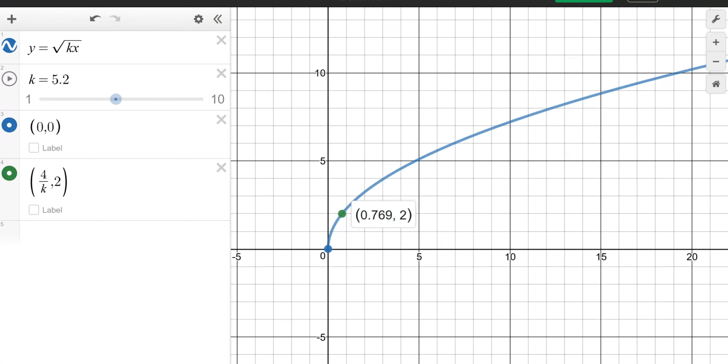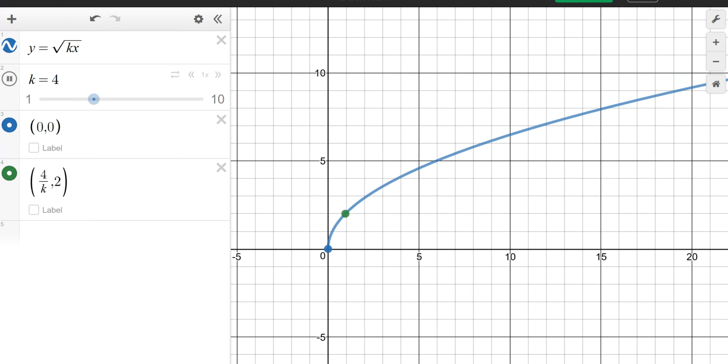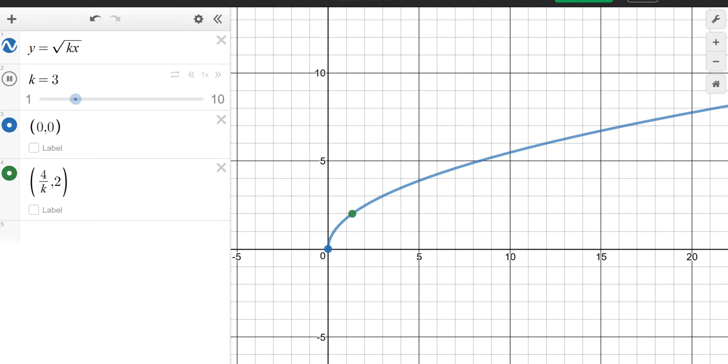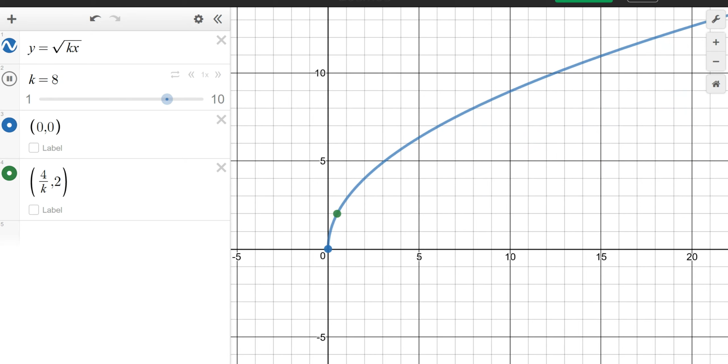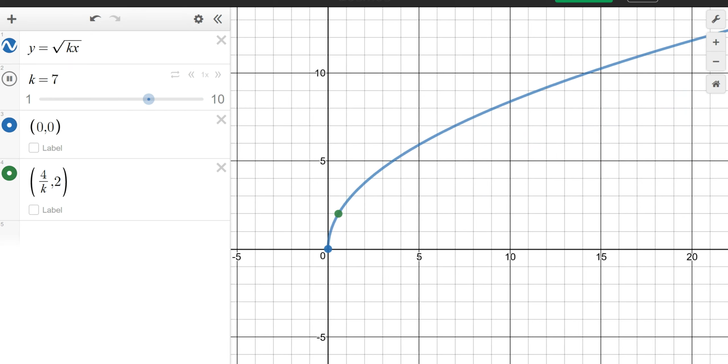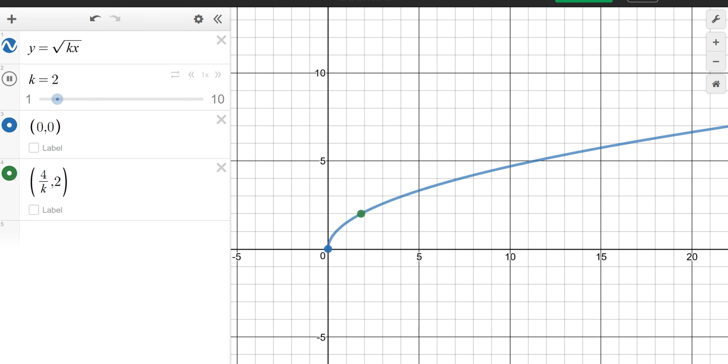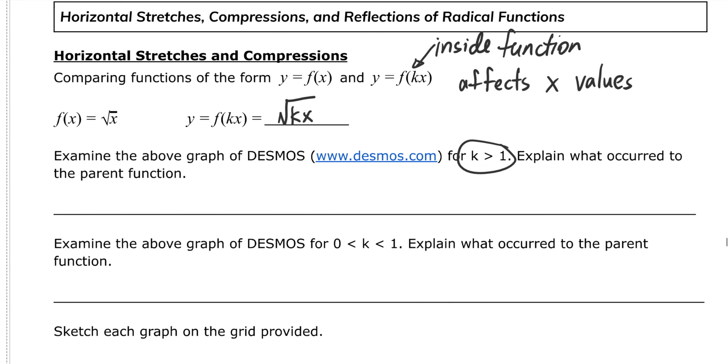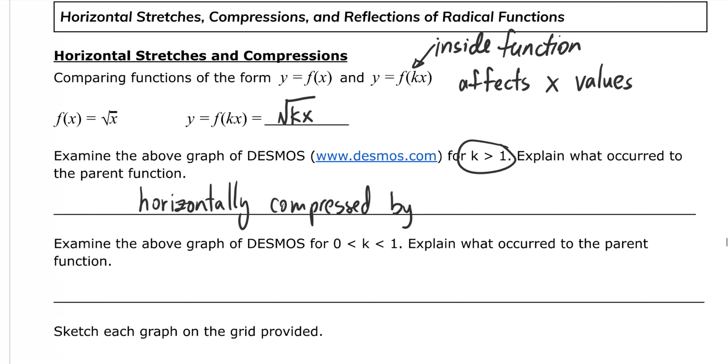So this graph compressed horizontally. It may look like a vertical stretch because you can see the square root function as k goes up. You can see it looks like it's a vertical stretch. But when we're talking about the inputs only, we're going to talk about things in terms of x, in terms of the horizontal. So we say this is horizontally compressed by, well, if we're dividing by, let's say 5, it's going to be 1 over 5 or 1 over k.